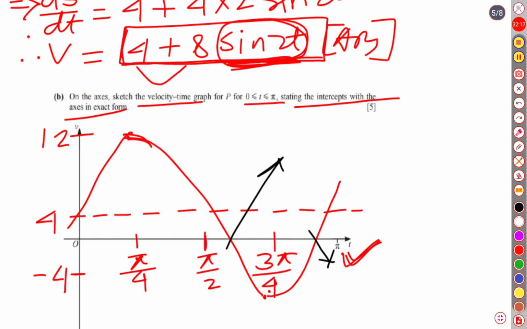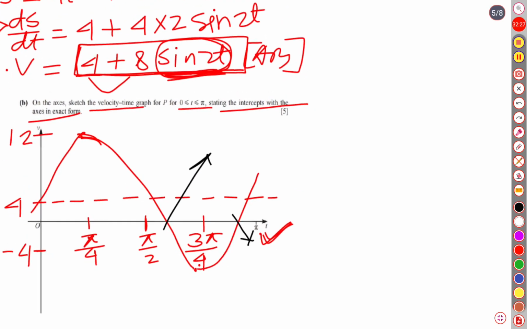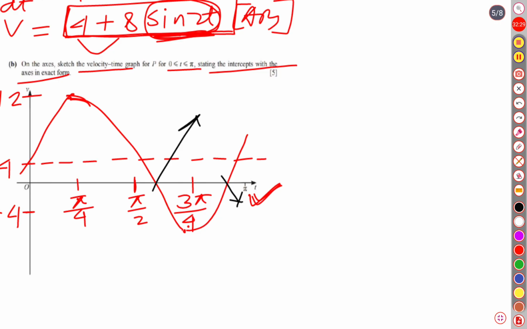So for this we will have to solve the function. Let us solve it. The function we have is 4 plus 8 sine 2t equal to 0. We are solving this and finding the exact value of t or x, whatever.